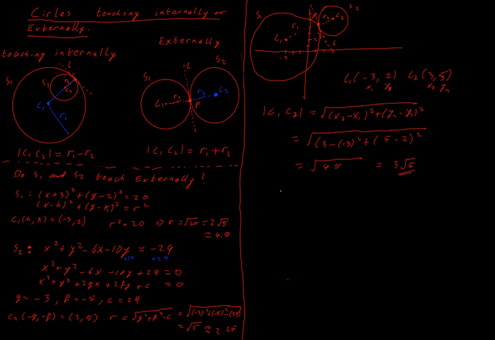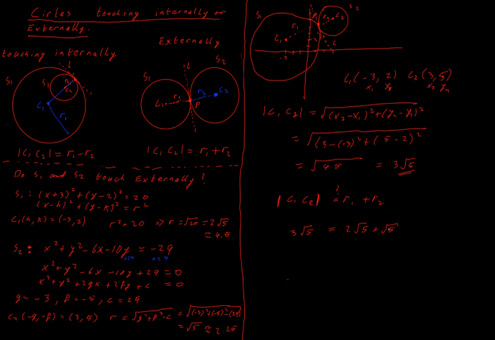Well, what's R1 plus R2? Is C1C2, the distance between the two, equal to R1 plus R2? Is that true? So 3 root 5 is equal to R1, which is 2 root 5, and R2 is root 5.